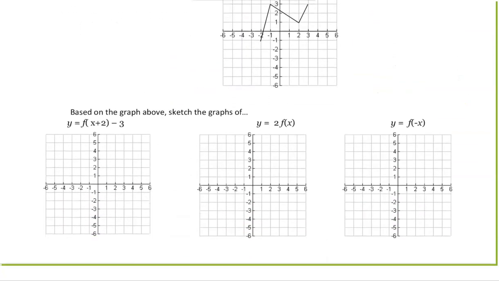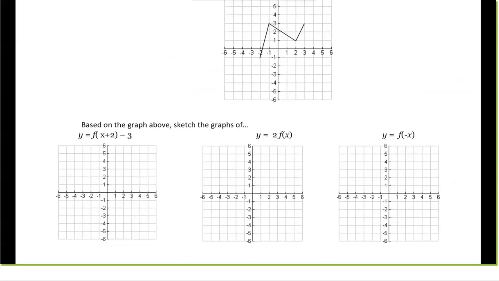Okay, for this one, what I do first is I redraw the parent function. So the easiest way to do this by far is to first trace over this. Well, I'm going to do it in regular ink. I'll do it in red. Okay, so I'm going to trace.